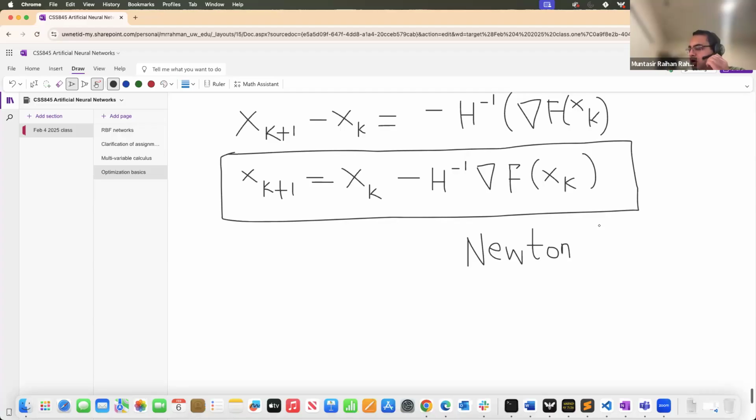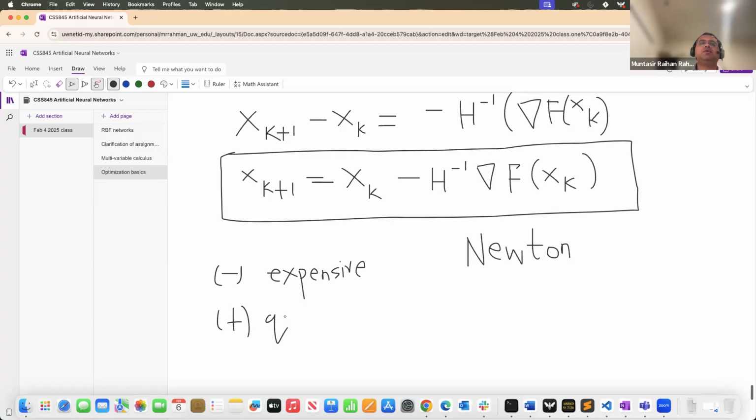So that's one of the drawbacks of Newton's method. The negative is that it is expensive, but the positive is faster convergence.